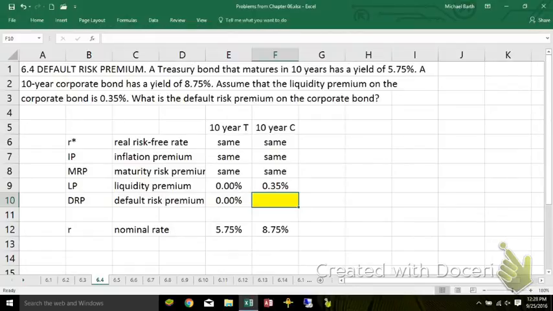Alright, so if we're looking at the difference between the two, this is 0. Alright, 0% is the difference here.